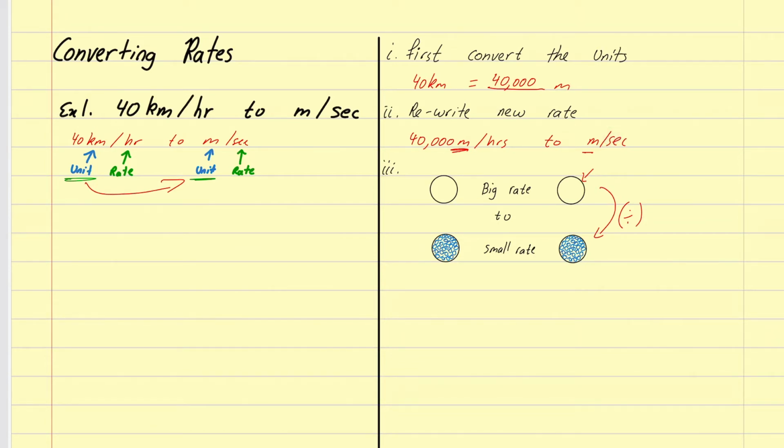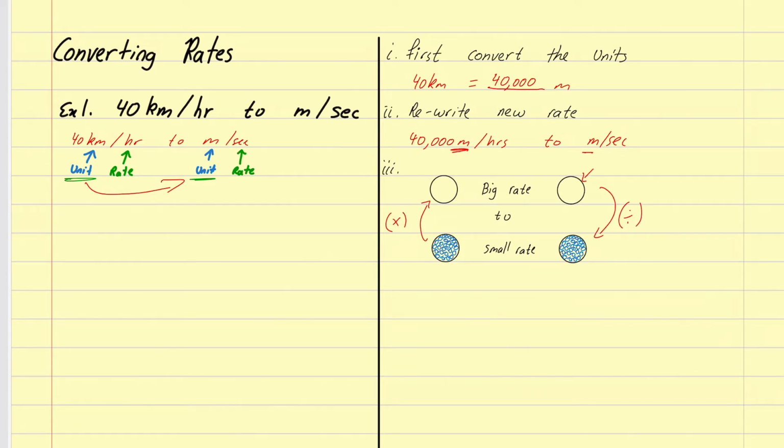Because I want to get it to a smaller block, I'm going to be dividing that. And then what happens when I want to go back the other way? If I want to go from something small to something big, I'm going to be multiplying it. That's just my personal preference. That's the way I like to think about it. It makes more logical sense to me.